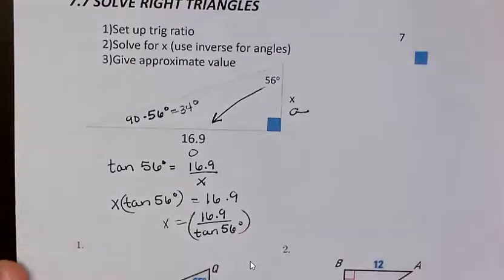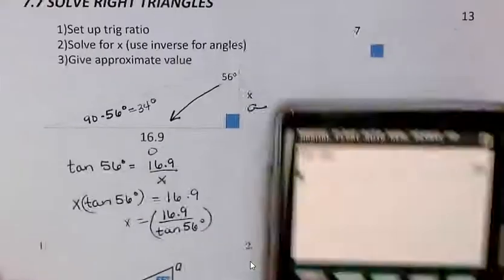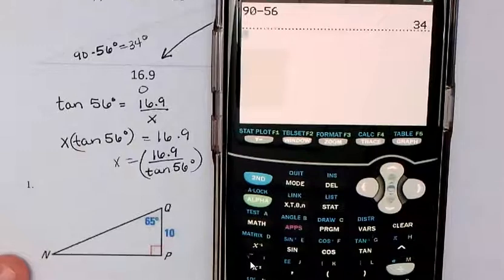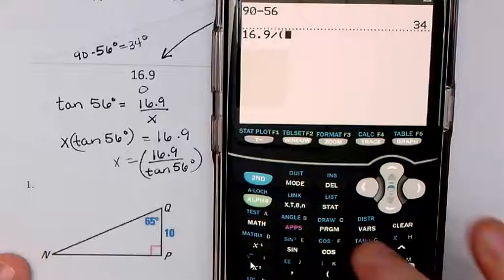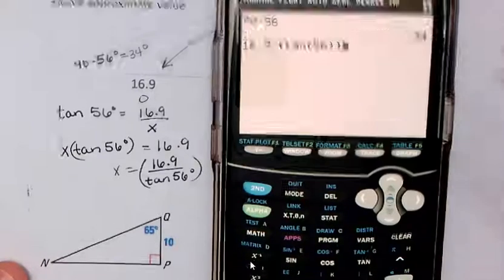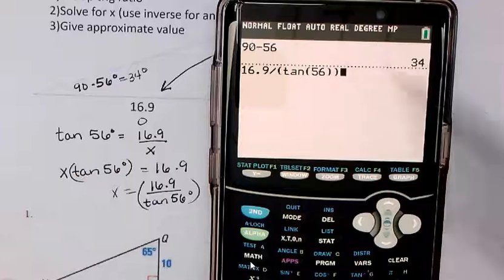Okay? In your calculator, if you don't remember how to do that, I'm going to have it here. So I type in 16.9 divided by parenthesis, because I would like to make sure that I don't mess up, tangent 56 parentheses, and if you look at the very top of my calculator it says degree, so I'm good.